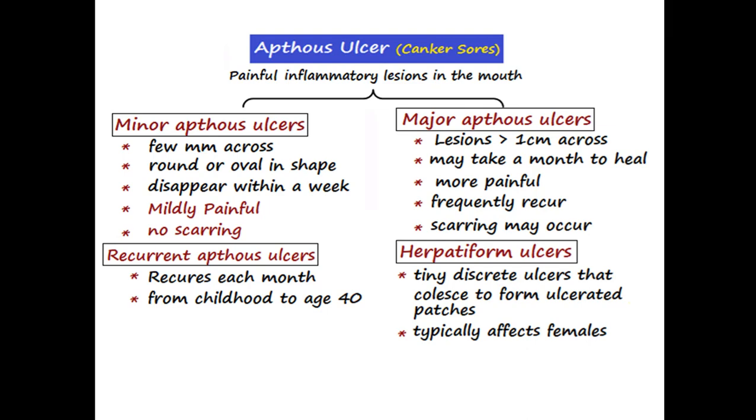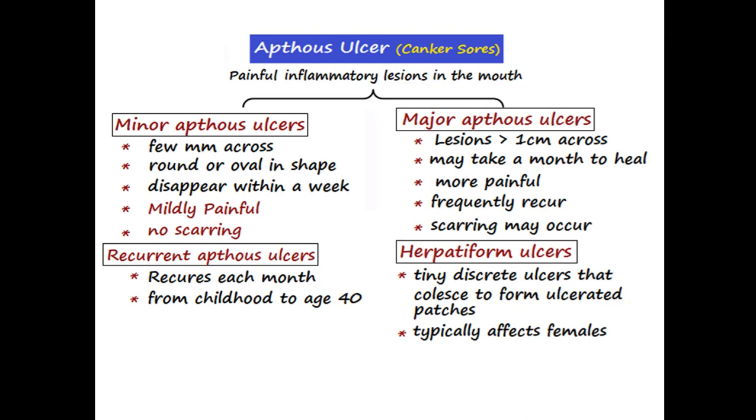Now, the major Aphthous ulcers, as compared to the minor Aphthous ulcers, are large. By that we mean that if an ulcer is more than 1 centimeter across, it would be a major Aphthous ulcer. Similarly, as the minor Aphthous ulcers heal in a week, the major Aphthous ulcers take a month to heal.